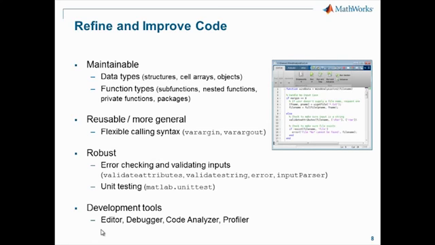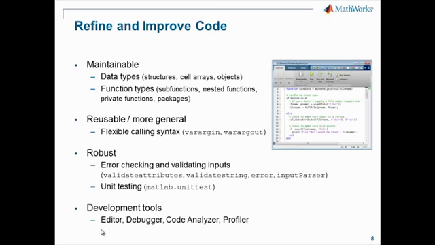In addition, I can make the code more reusable by letting the syntax be more flexible. Instead of just using nargin for testing for no inputs and one input, I might be able to give a list of files, and I might be able to do that using something called varargin, or variable input arguments, and I can do something similar with variable output arguments.